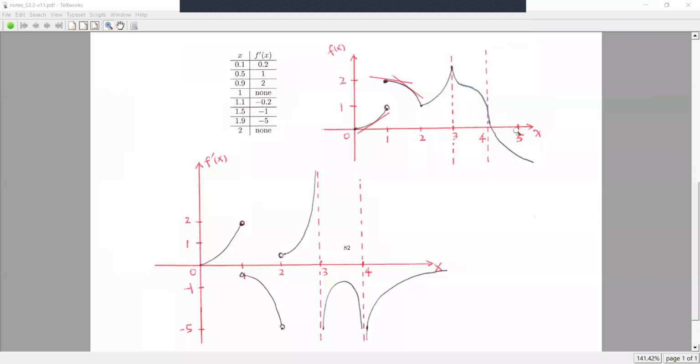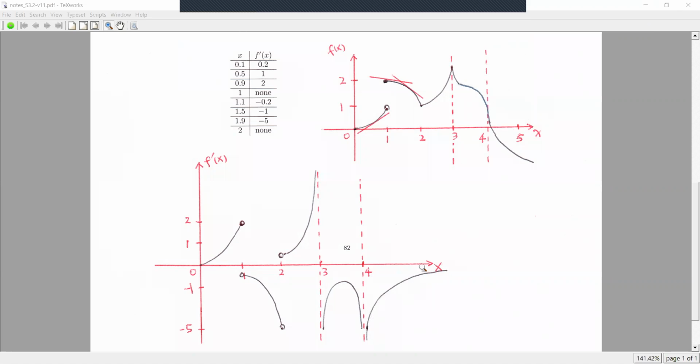Because between 4 and 5, derivative is negative everywhere, this curve lies below the x-axis. When x is close to 4, derivative is large but negative.